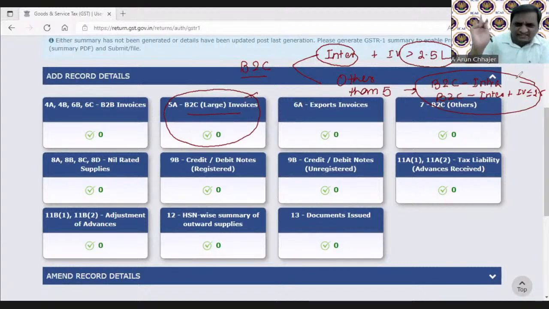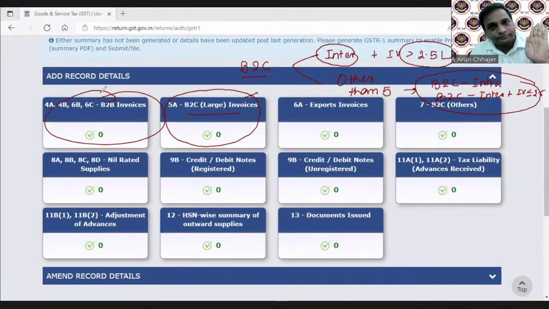Try to understand, ask the question, no problem. I am talking about the GSTR1, that is details of the outward supply. B2B transaction, always invoice wise information, irrespective of the value. Invoice wise information means I have 10 invoices in the tax period, I have to add all 10 tax invoices separately.